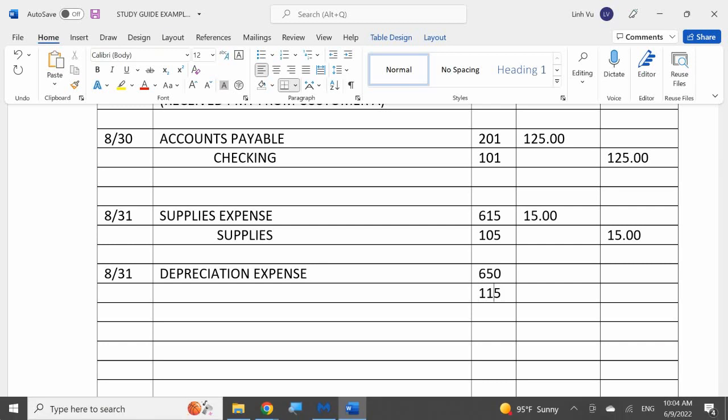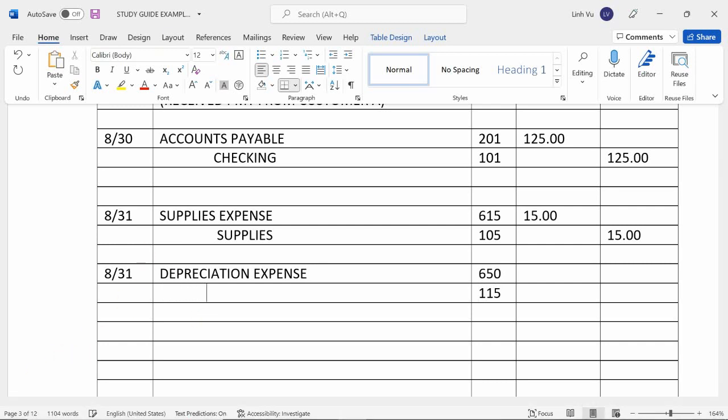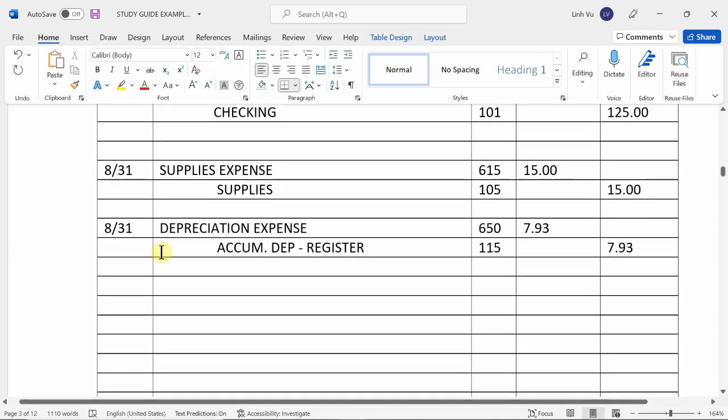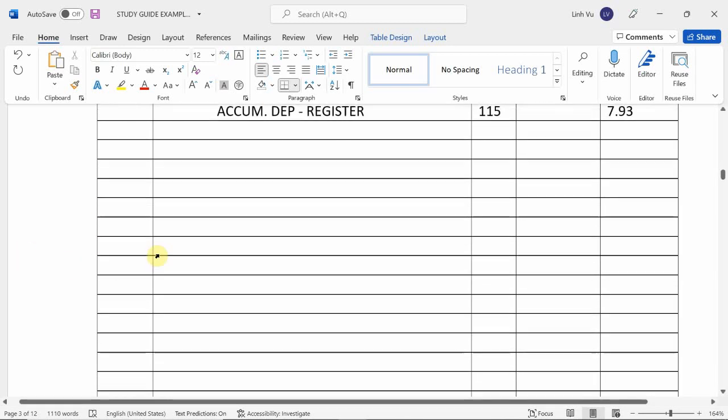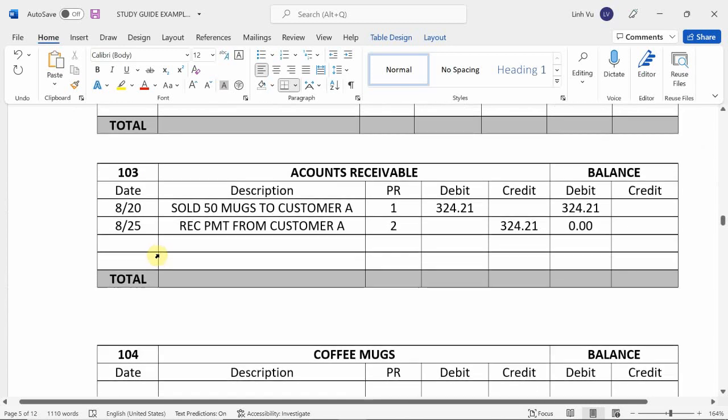And then we have the accumulated depreciation for the register, for that $7.93.